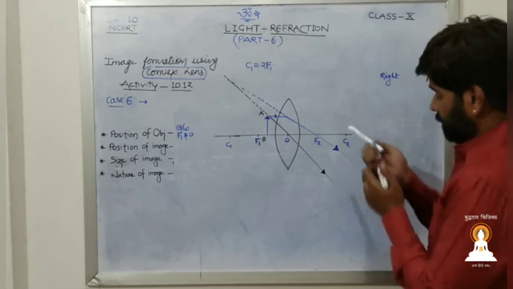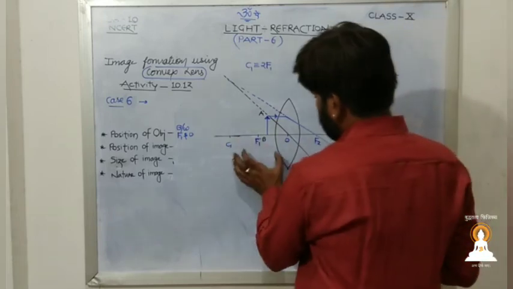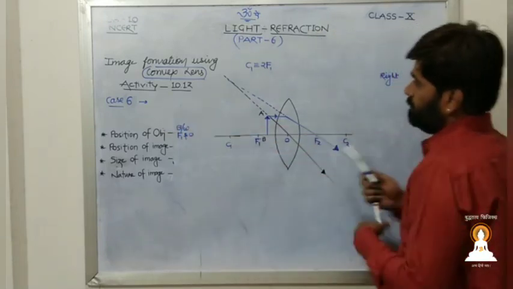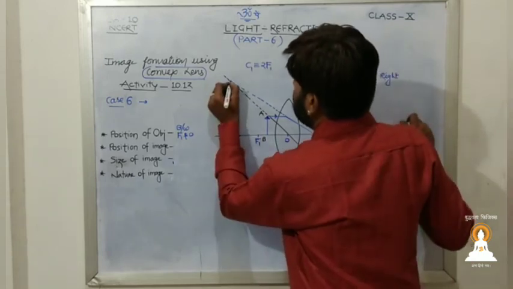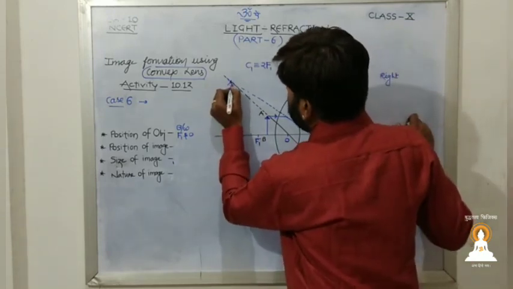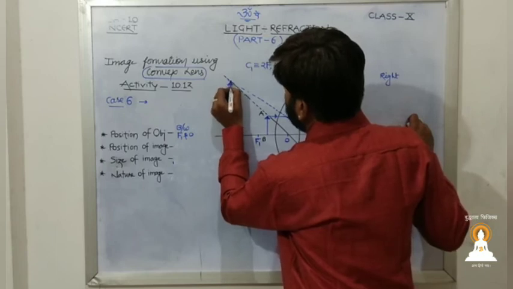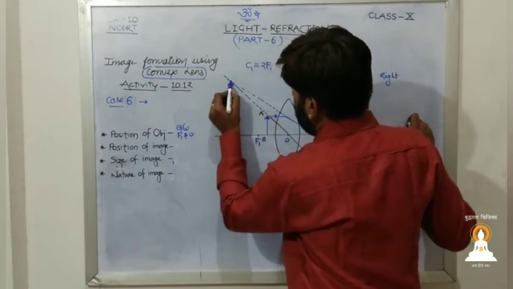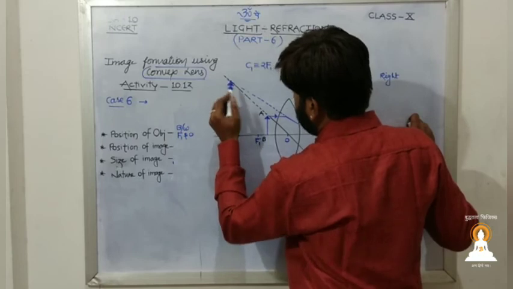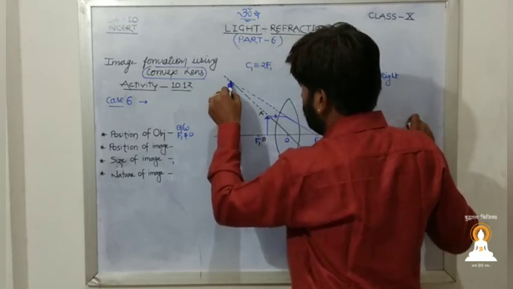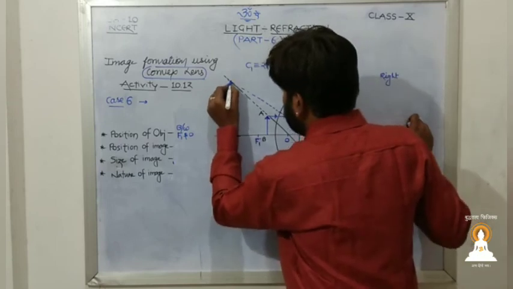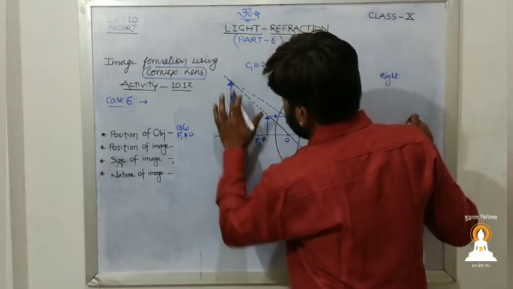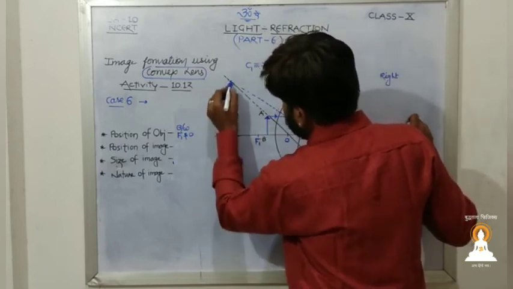Irrespective of any distance from the optical center, we should see the point of intersection, and this is going to be the point A. Now take a projection from this particular point over the principal axis.